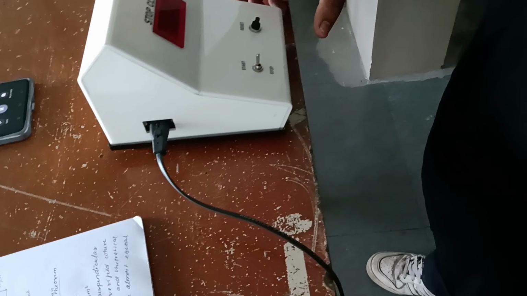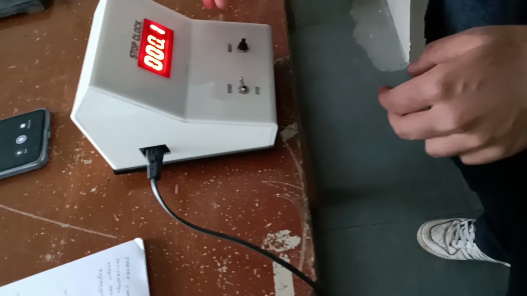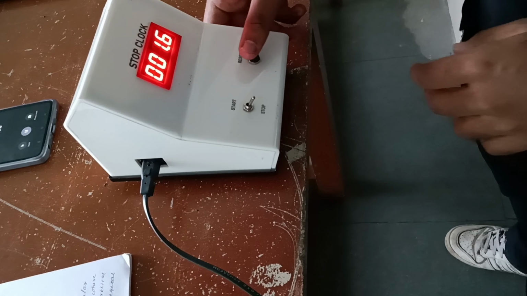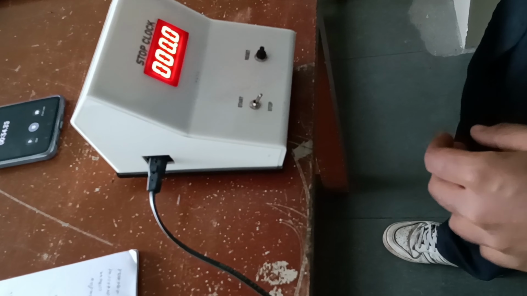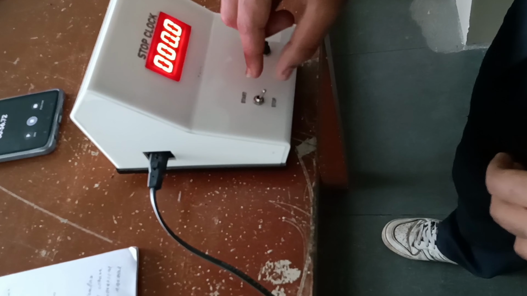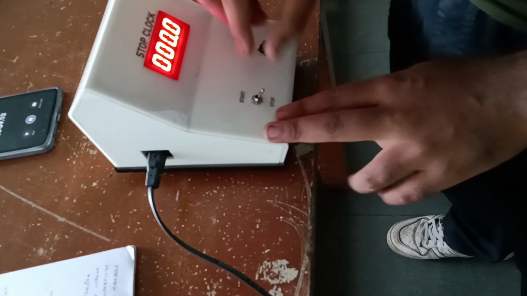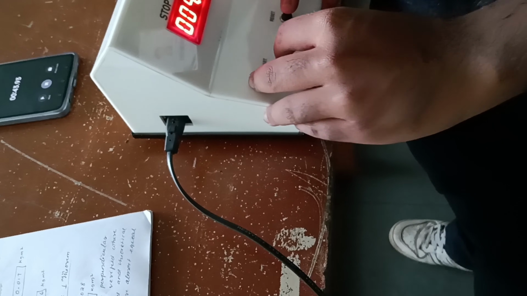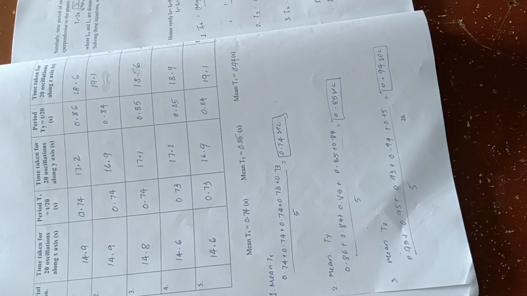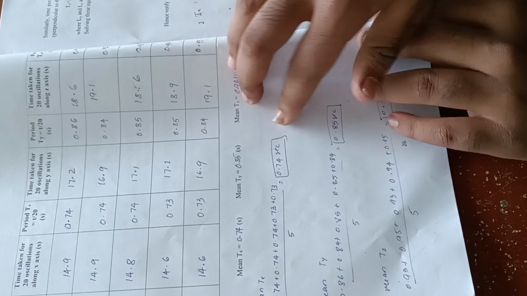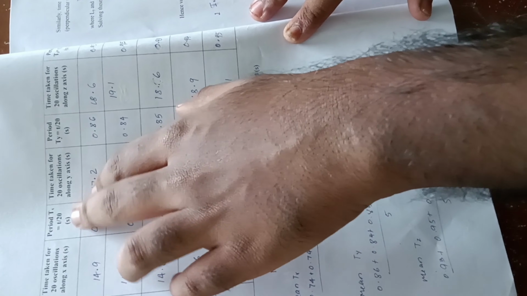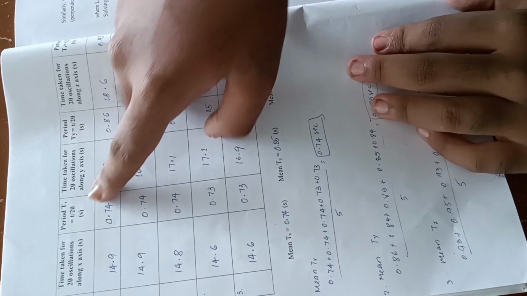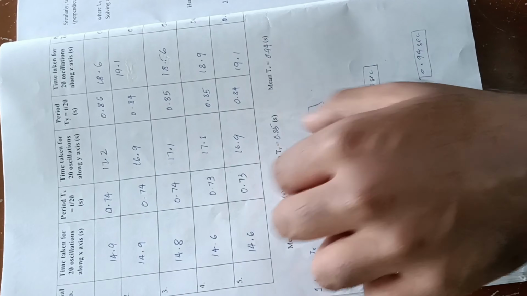We also have a stopwatch. This is the start of the stopwatch, and you can reset it with this. As soon as you release the board and one oscillation takes place, we start it and count how long it takes for 20 oscillations to take place in that particular position. The same goes for the y-axis and z-axis with the same concept. This is the mean time, and the period for one oscillation is the time period given to us.